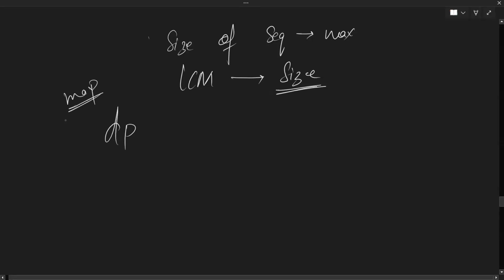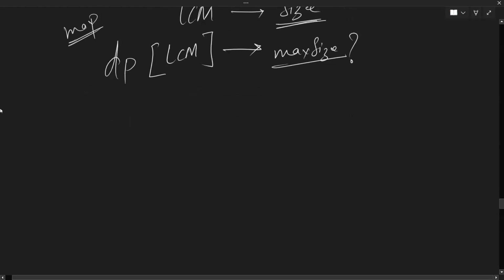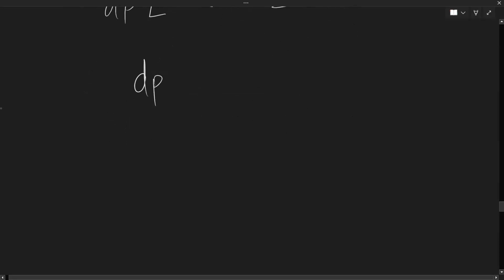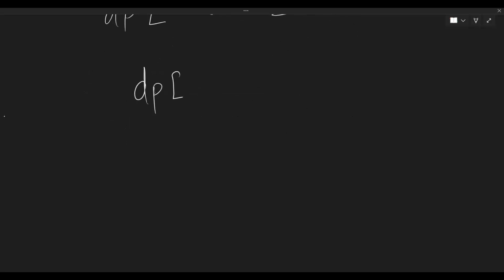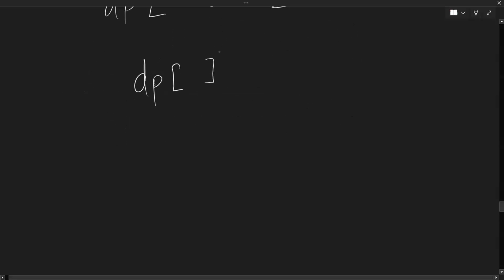I'll explain in a moment, but this will give us, for this LCM, the max size up till now. Initially, let's say for calculation purposes, we are getting LCM as 1 for size 0.